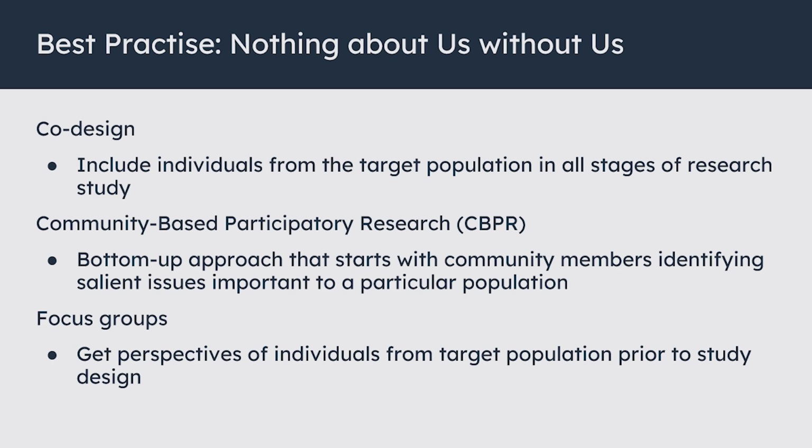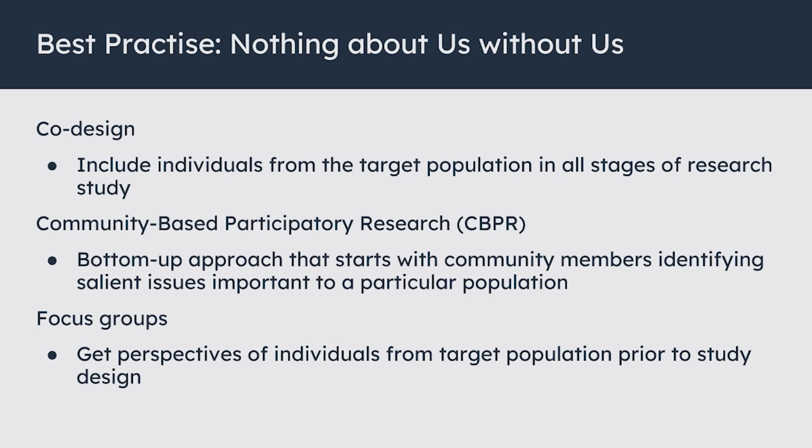So incorporating them in the study design, even as early as the research question, all the way through to analysis and interpretation of results. Another method is the community-based participatory research, which is a little bit more bottom-up.